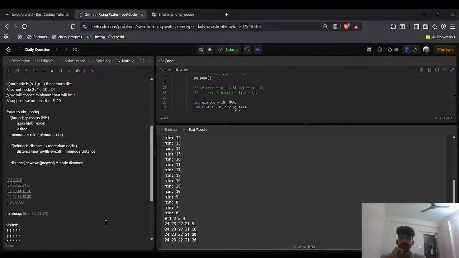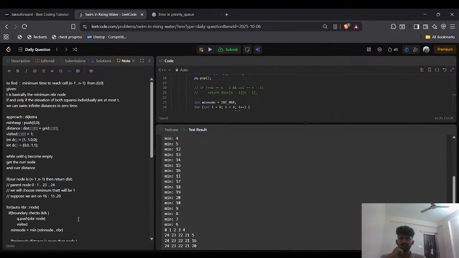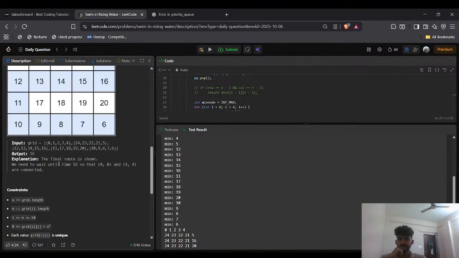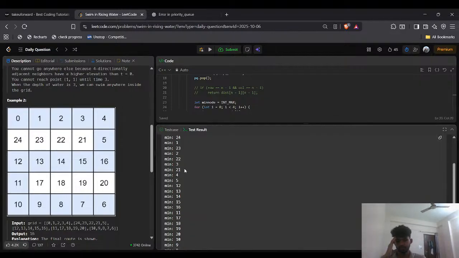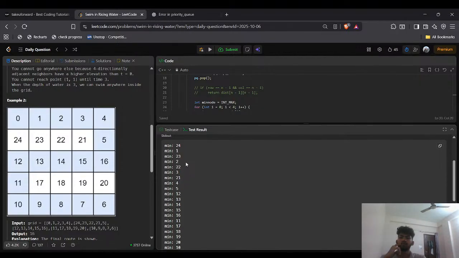Okay. And description 5. No, we can't reach 5. 15, though, how is 15? Min is 24, not 1.